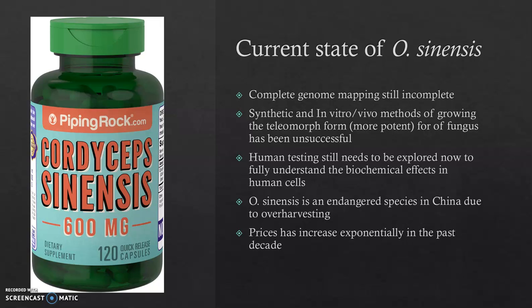And a lot of human testing still needs to be done so that it can be explored and fully understood how this fungus works in the body. And it's slowly becoming an endangered species in China due to overharvesting, which has increased the price globally.